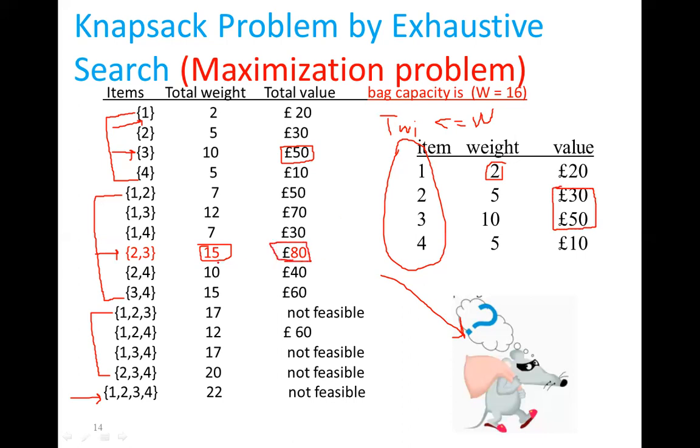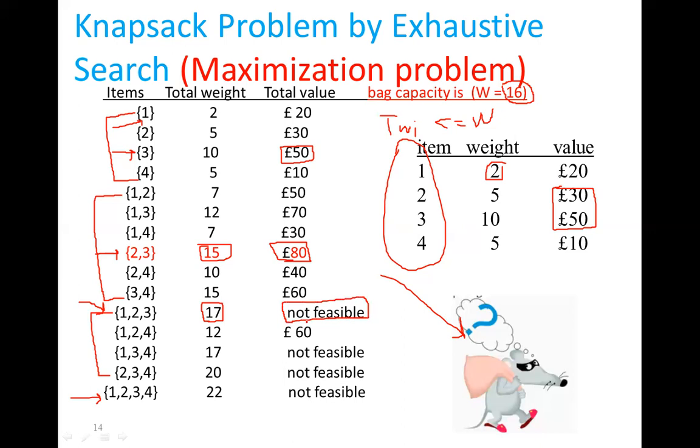Let us take item number 1, item number 2, and item number 3 together in his bag. The weight will be 2 plus 5 plus 10, which is 17. But this weight exceeds the capacity of the thief's bag, which is 16, and this solution is not feasible because it exceeds the capacity of the bag.